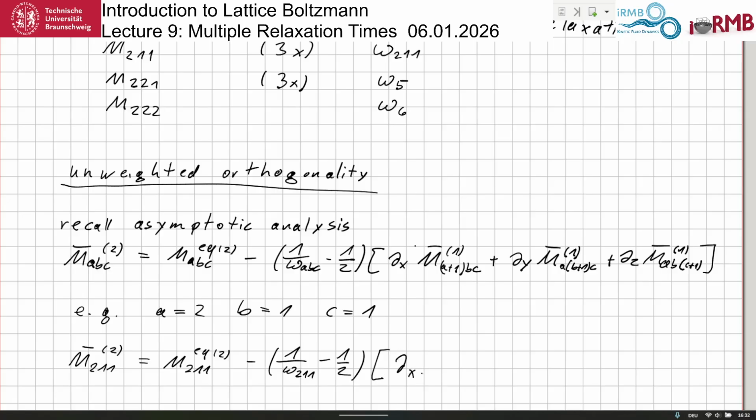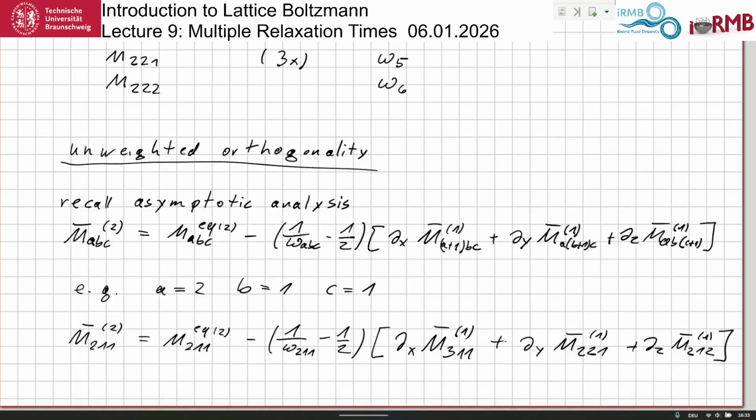So dx, so now we get M311 first order plus dy M221 plus dz M212 to first order. Okay? So now we have to identify these things. So we'll have two guys of this kind.